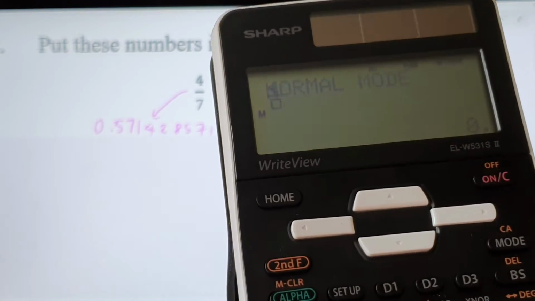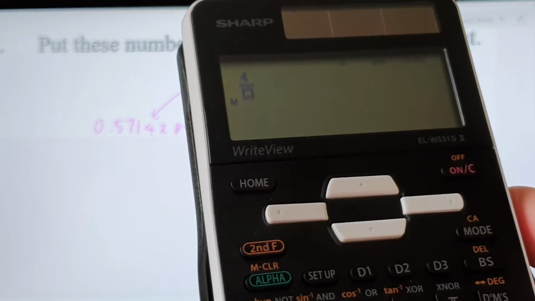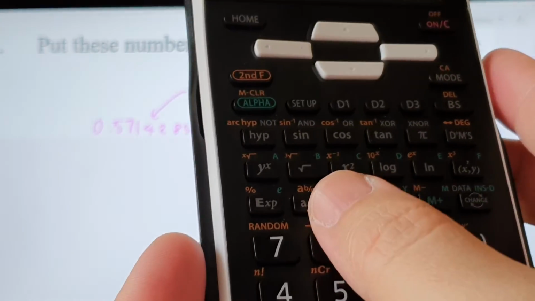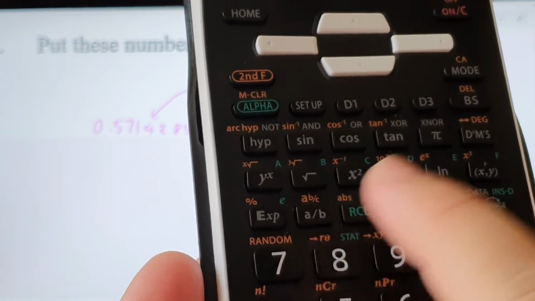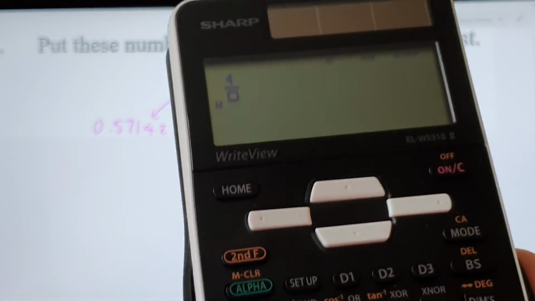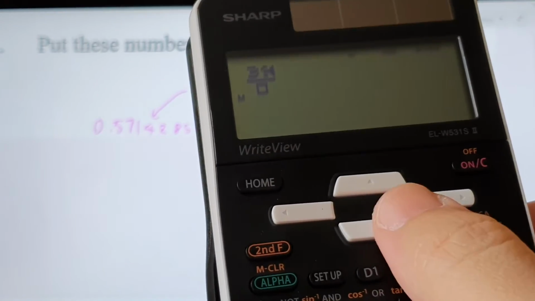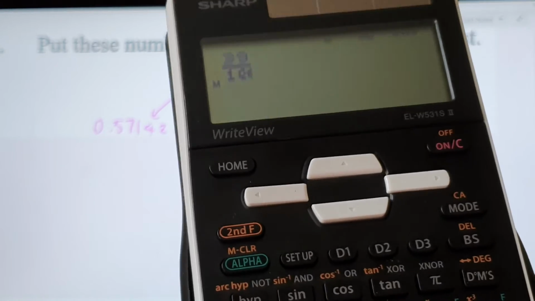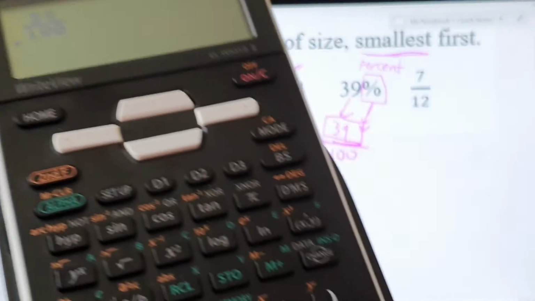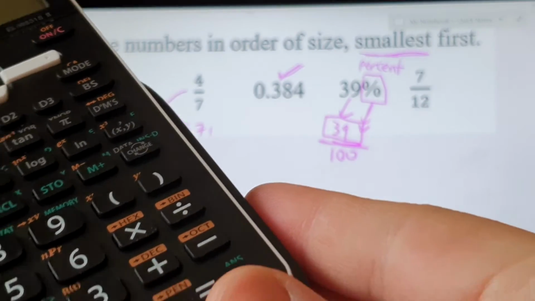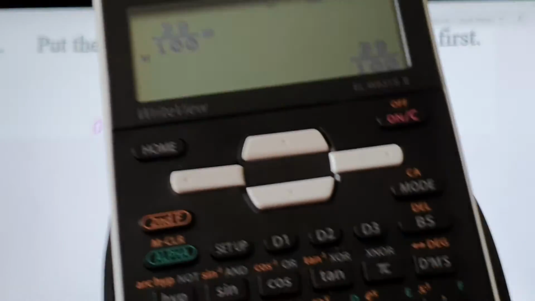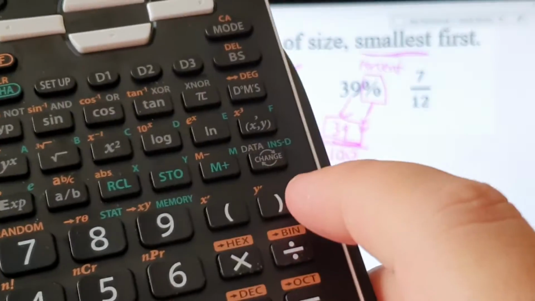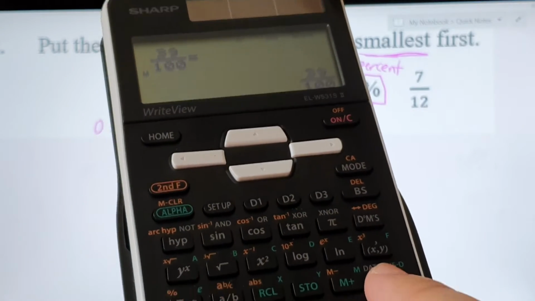Same thing. You press the A over B button, you get this, then you key in 39 over 100. Then you press equal and you get the same thing. Never mind, you go and change. You can change to whatever you want.